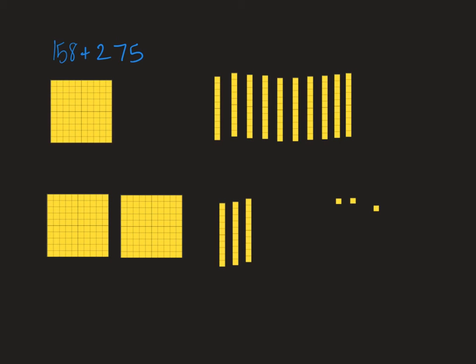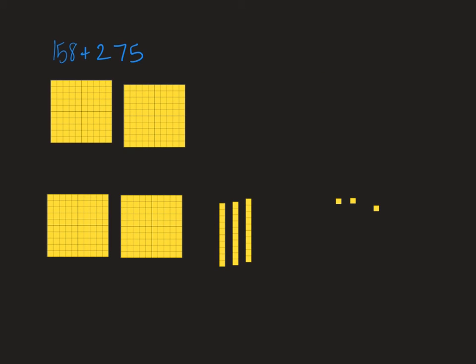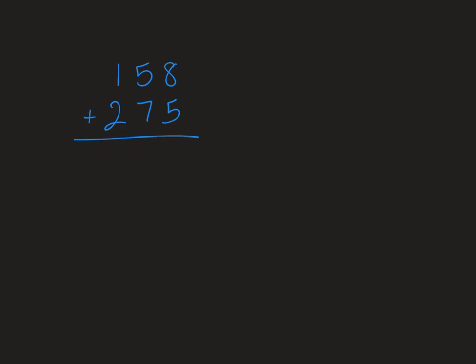So I'm going to duplicate this and get rid of these. I'm just regrouping is what we're going to call this. And now I can see that I have 400, I have 30, and I have 3 equals 433.